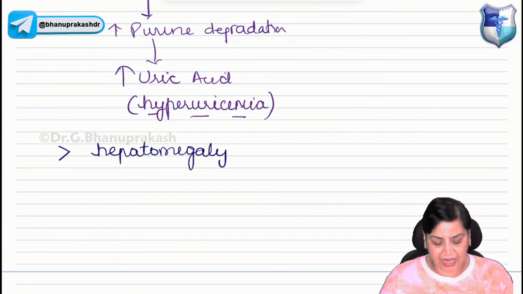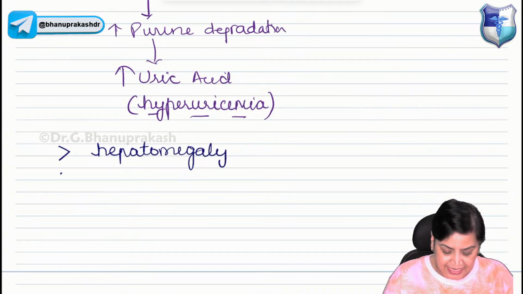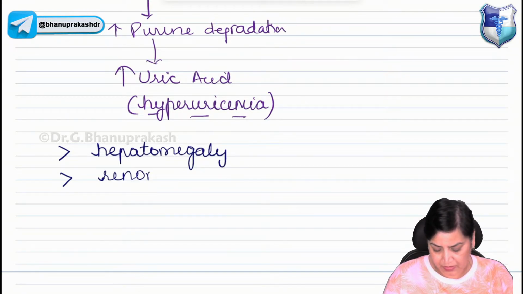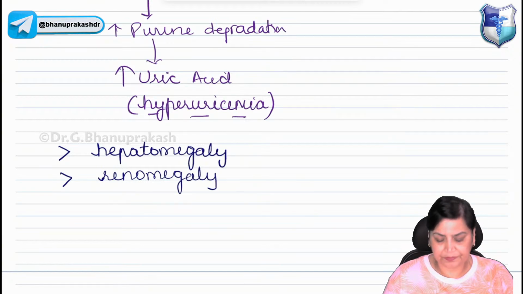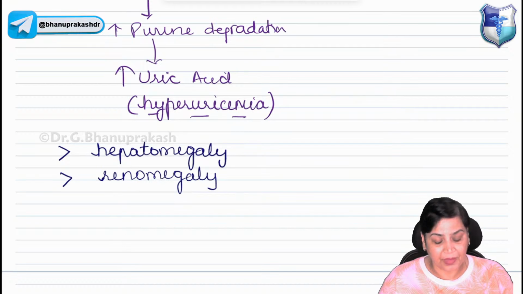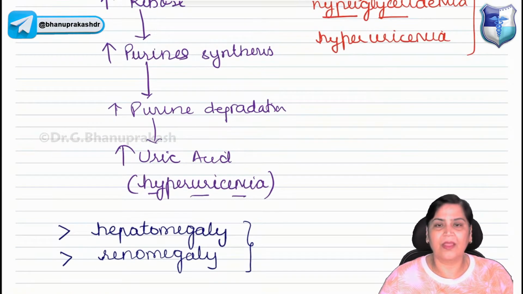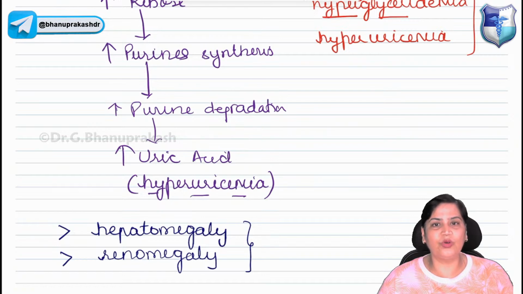And second, it leads to renomegaly. Reno means enlargement of the kidney. So hepatomegaly and renomegaly are the two main findings which are due to the absence of glucose 6 phosphatase. Is it clear?